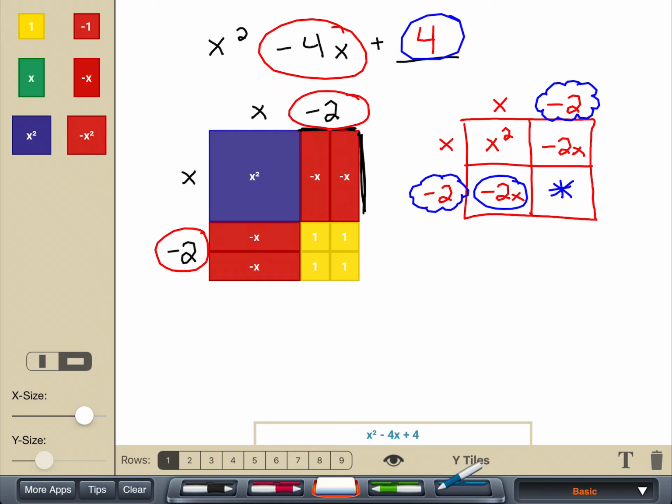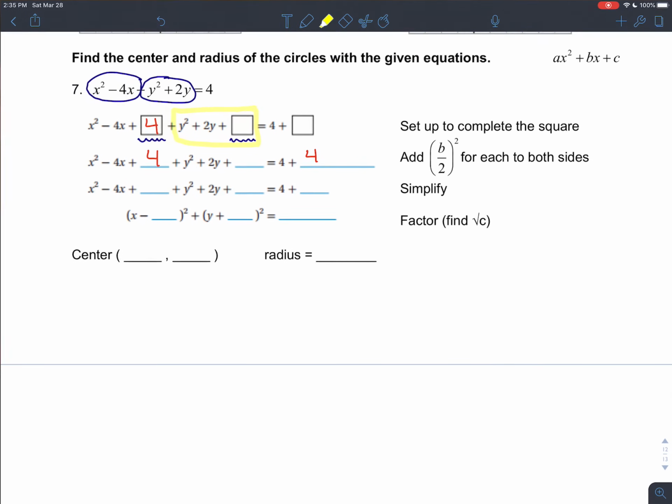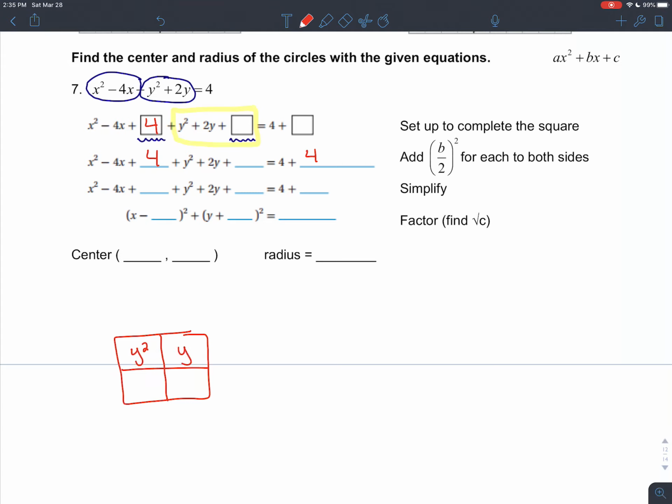It doesn't give me any y's, that's okay. Here, I'll just show you on here. So if we're doing our y's, we have a y squared, and we have one y here and one y here, because we need to take that middle term and split it in half, right?